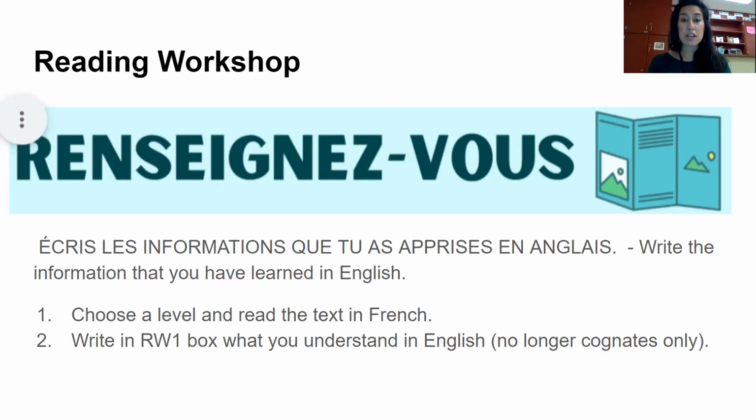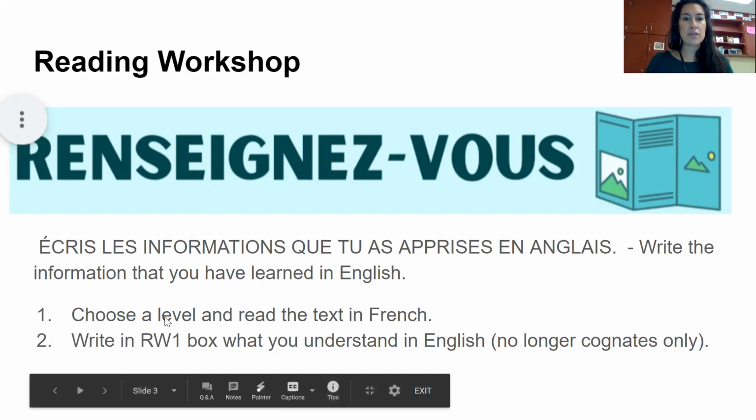So you are no longer looking for cognates. Cognates are still going to be there, they're still going to help you, but I don't need you to make lists of cognates anymore. You are going to choose a level of text, beginner, intermediate, or advanced, read that text in French, and then write in that first box, RW1, what you understand in English.